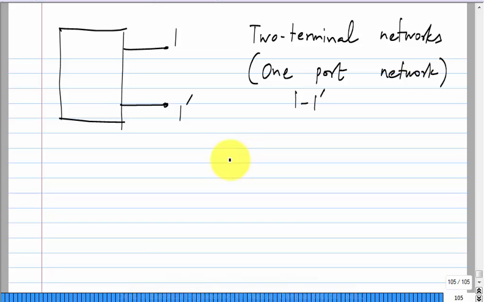Now, we will move on to circuits with more terminal pairs or more ports. Of course, we will just do two ports, and then from there it will be very clear how to generalize to a higher number of ports. So, first of all, let us say I take this.